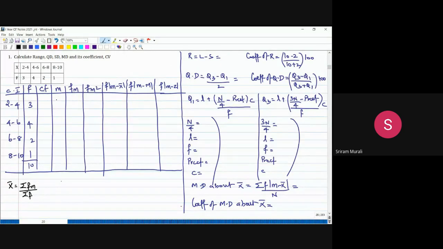We want to find the mid value. Before finding the mid value, the class interval should be continuous. Yes, it is continuous. There is no break in the class interval. Otherwise, we should reduce 0.5 in the lower limit and add 0.5 in the upper limit to make it continuous. Now you find the mid value. The mid value is 3, 5, 7, 9.